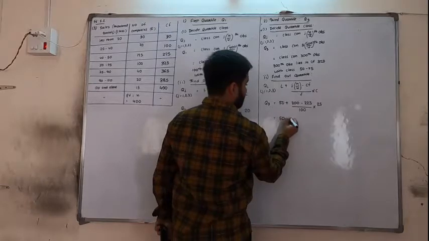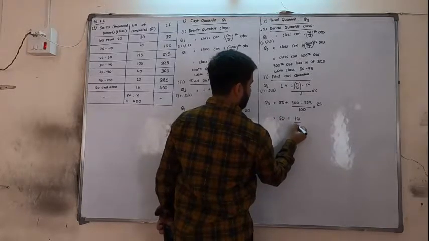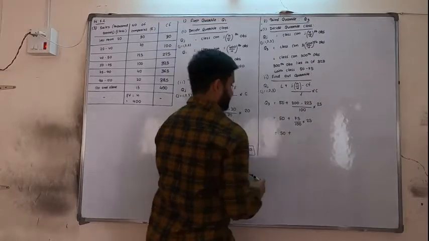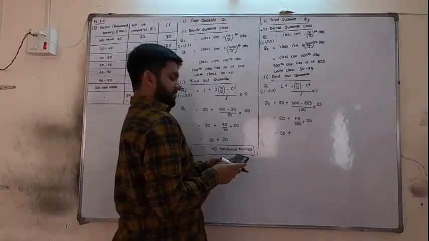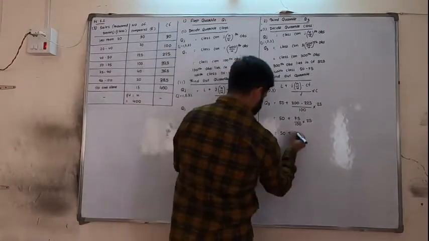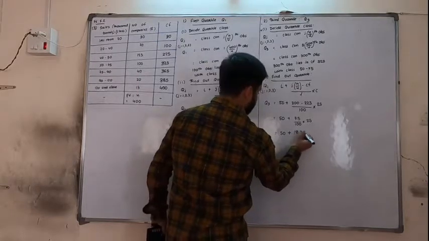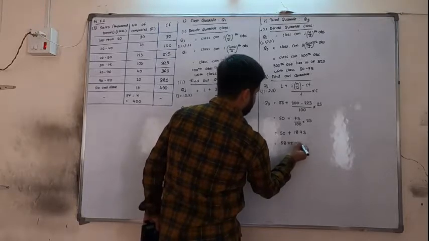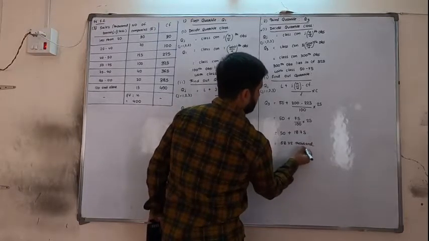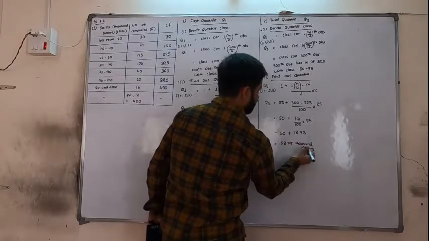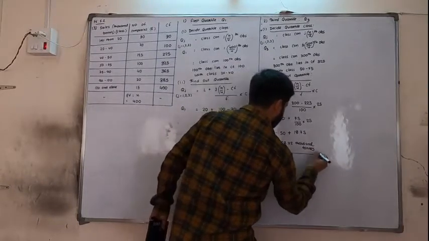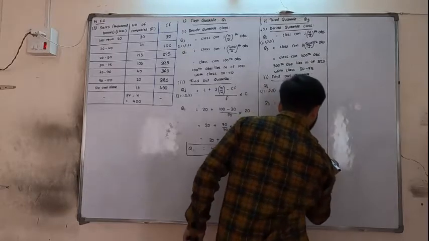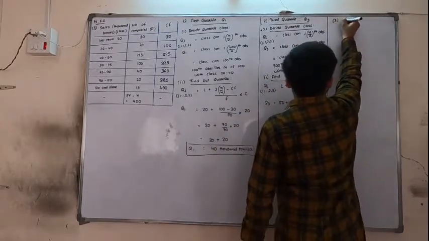Okay, so 50 plus 75 by 100 into 25. So 50 plus 75 into 25 divided by 100 is 18.75. So it is 68.75 thousand tons, Q3.